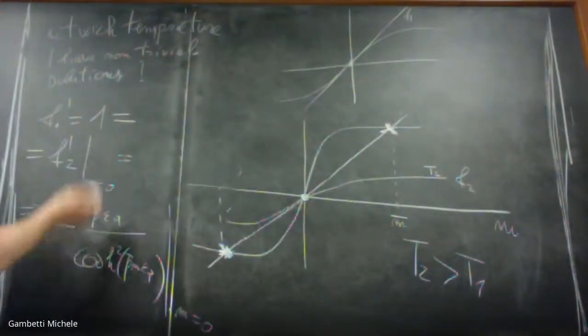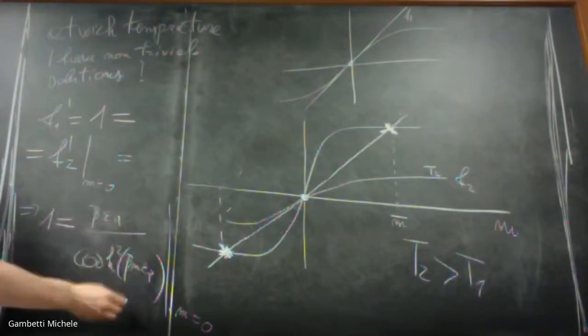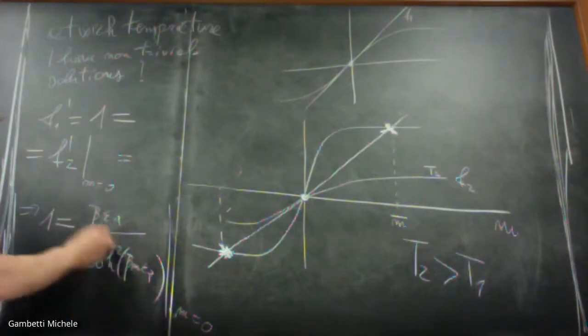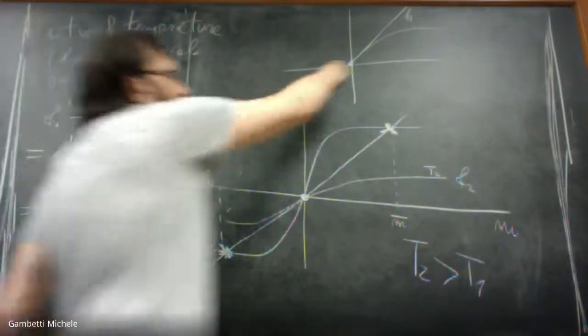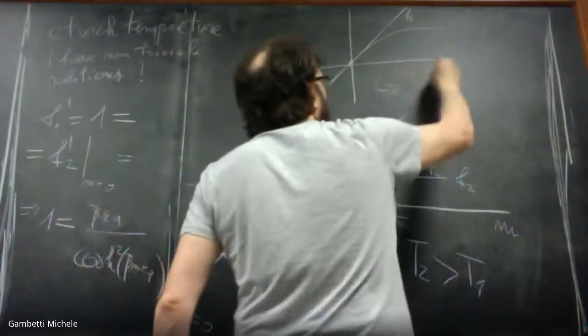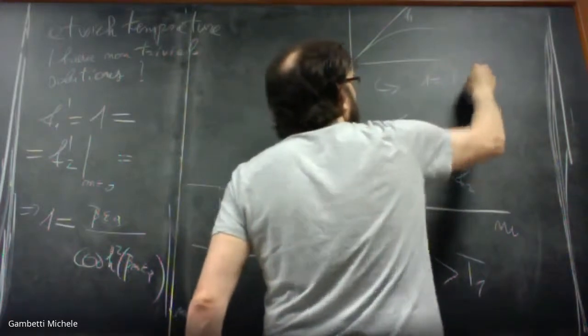And the condition is that, of course, the derivatives of the left-hand side and the right-hand side are the same. Now, the left-hand side is 1, the right-hand side has this quantity that computed at m equals 0 is beta epsilon q. So this condition is obtained when 1 is equal to beta epsilon q.